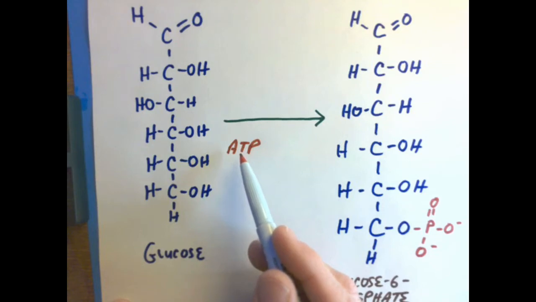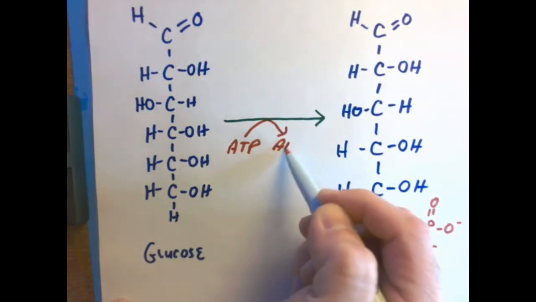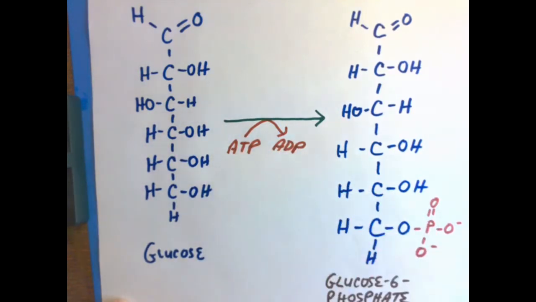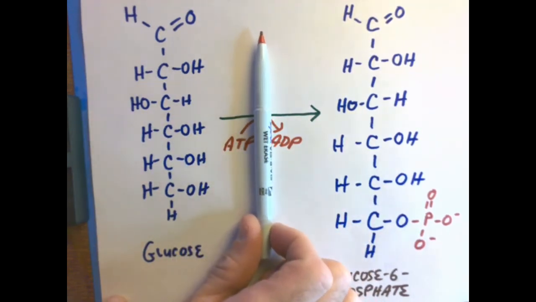And then you let go of the products. The products are adenosine diphosphate, in other words, ATP minus a phosphate, and this, glucose 6-phosphate. So all you did really was transfer a phosphate group from ATP to glucose. You start with what's on the left, you end with what's on the right.